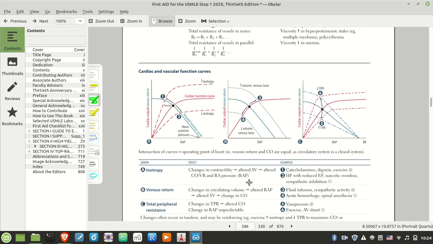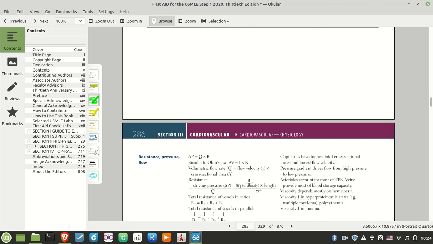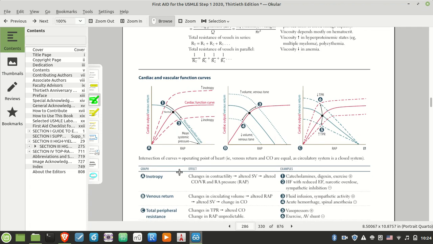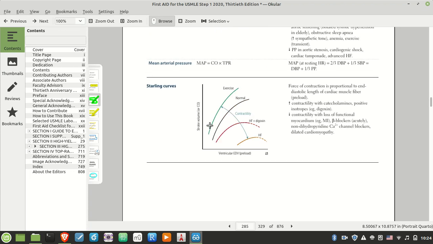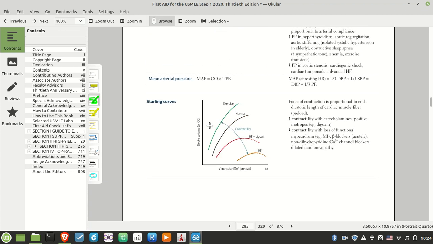You're going to have questions for sure on your Step 1 about what happens with each of these curves when it moves. So before doing anything nuts, let's just take a second and look at these. You can see on your x and y axis you have preload and you have stroke volume. And you can follow along with what they have here.